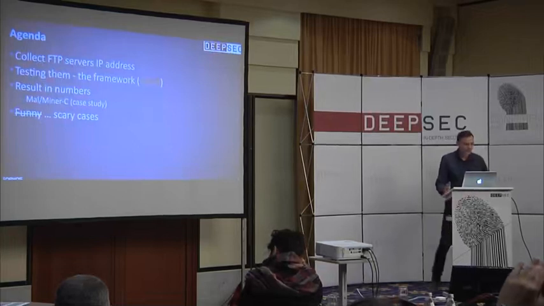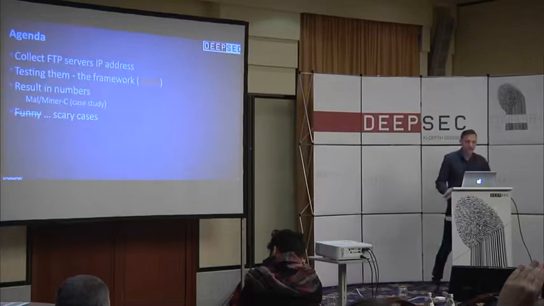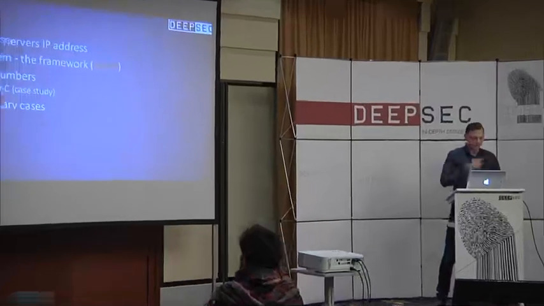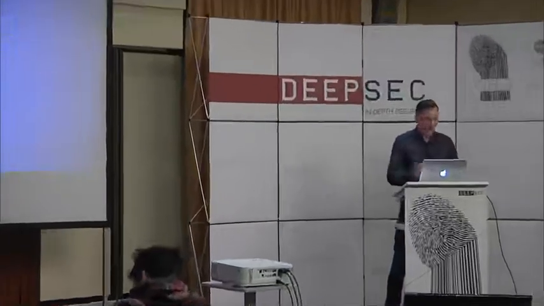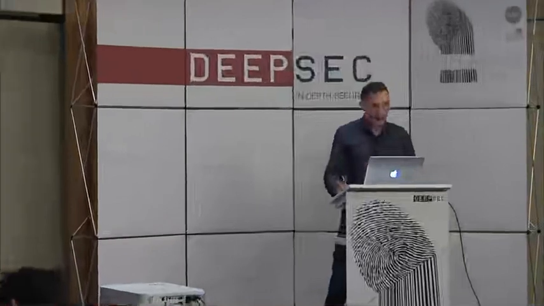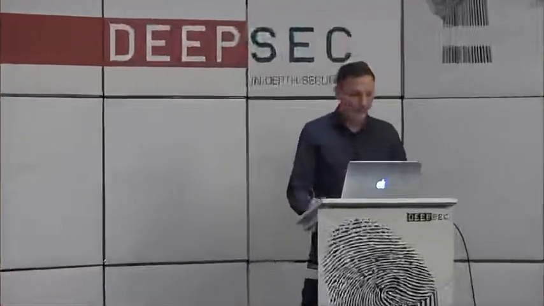But first of all, we have to discuss why this research was done and why FTP servers are interesting today. There is a malware called Malminer C, which is not a good or fancy one. It's a very dumb one, but it used open FTP servers to spread itself.